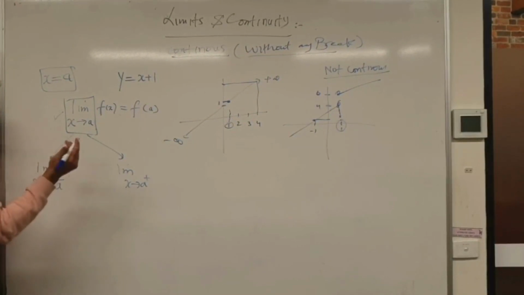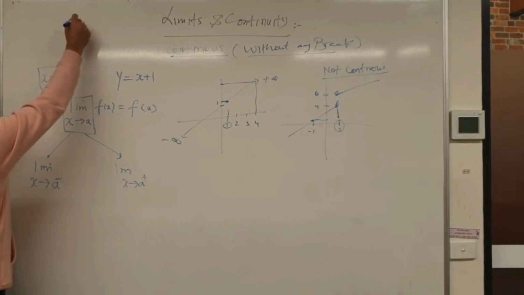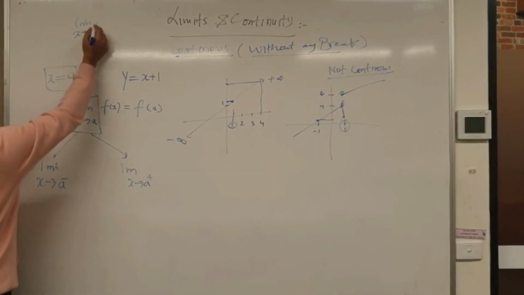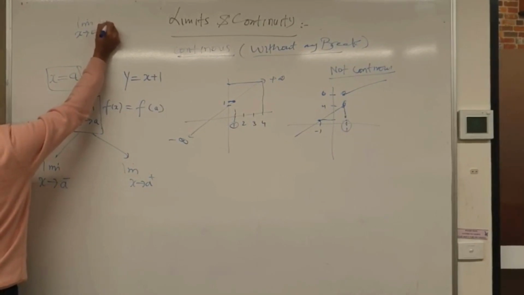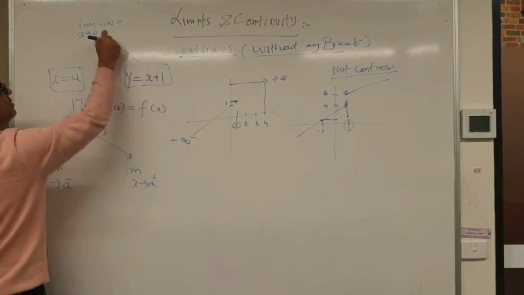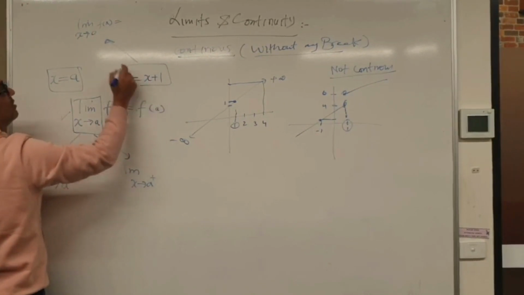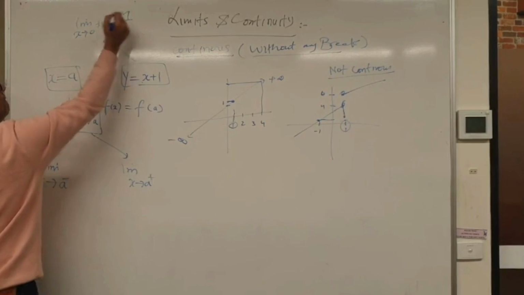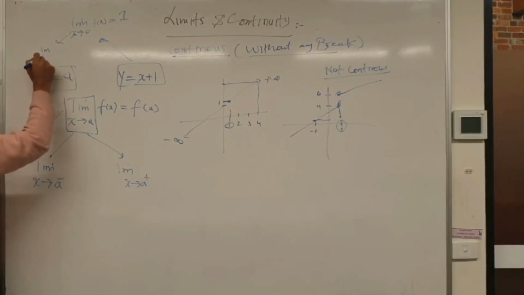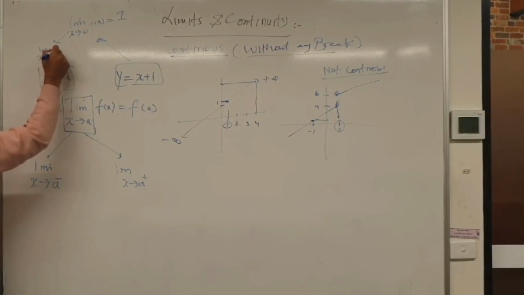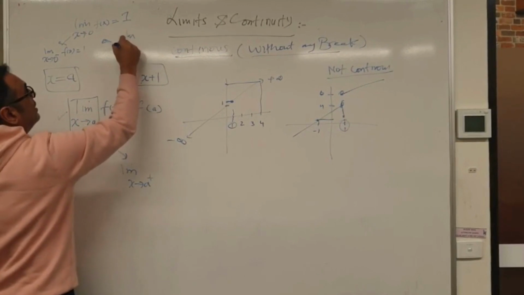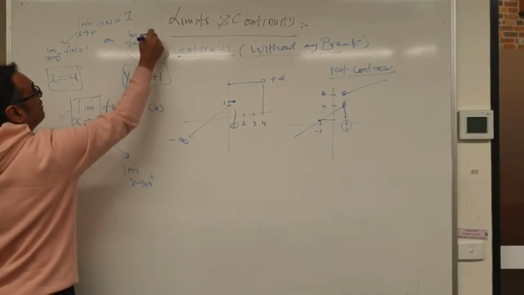So whenever I write limit x tends to 0, and let's say this is the f of x, right? If I plug in 0, it is 1, which actually means that limit x tends to 0 negative, f of x will also be 1, and limit x tends to 0 positive, f of x will also be 1.